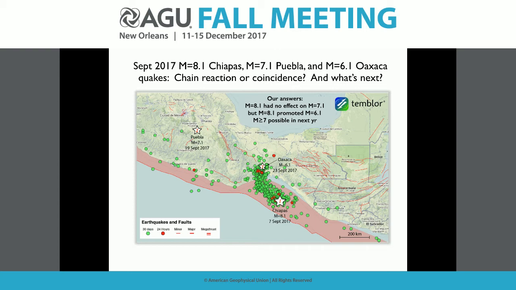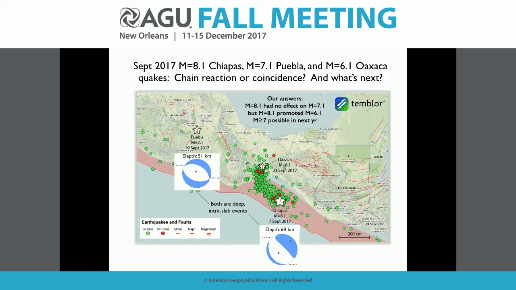And also, as the previous author's presentation just suggested, these are just intraslab events, and these are deep intraslab events. So first, I'd like to introduce that the first Chiapas earthquake transferred stress to the Oaxaca epicenter, the hypocenter.